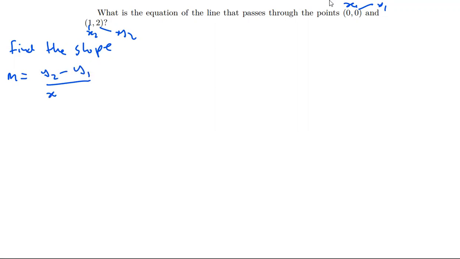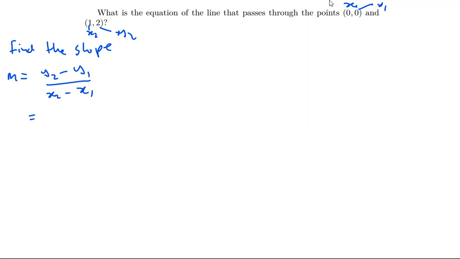So in this problem, we do the same thing. So basically we find the slope, and so if we label this x1 and we label that y1 and we label this x2 and we label that y2, our slope m is equal to y2 minus y1 divided by x2 minus x1.